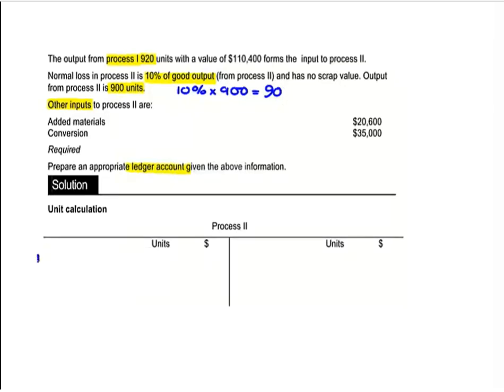So we've got the inputs then from process 1, so they'll be debited to the process 2 account and credited to the process 1 account. And we've got 920 units. We've got the normal loss of 90 units, and it doesn't have a value, so that's quite easy to pop in. And then we've got the good output of 900 units.